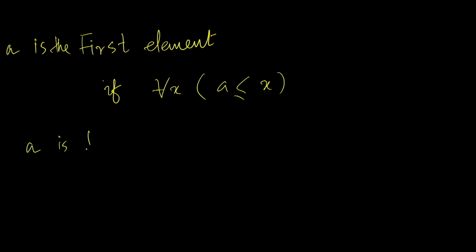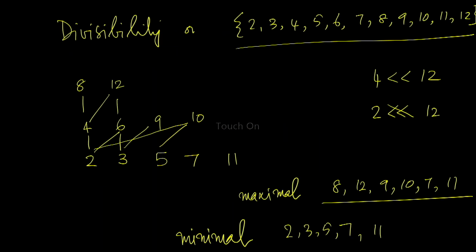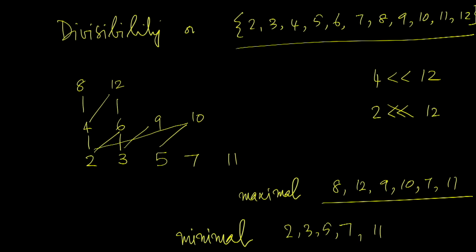We say that A is the last element of the poset if it is the dual of this, which means for every x, x is less than or equal to A, x precedes A. So, if you look at the diagrams here, here we find that 5 is a minimal element and 5 is also the first element. Set ABC is a maximal element, it is also the last element.